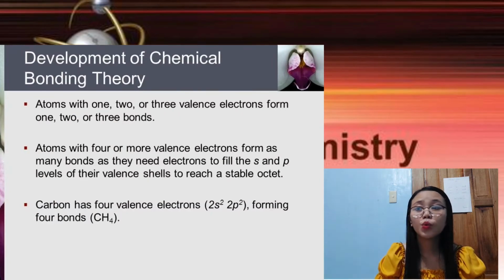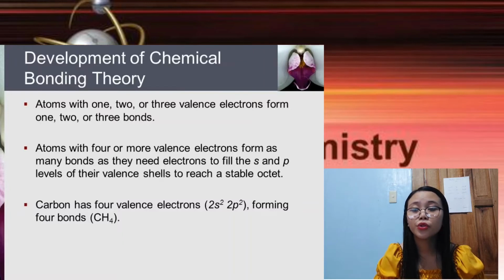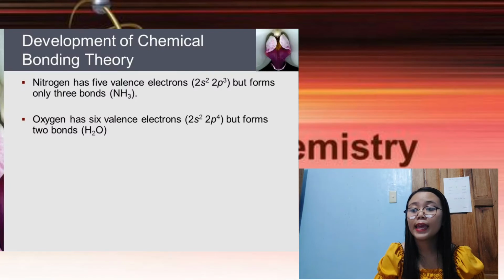Atoms with 1, 2, or 3 valence electrons form 1, 2, or 3 bonds. Atoms with 4 or more valence electrons form as many bonds as they need electrons to fill the s and p levels of their valence shells to reach a stable octet. Carbon has 4 valence electrons, 2s2 2p2, forming 4 bonds, CH4.